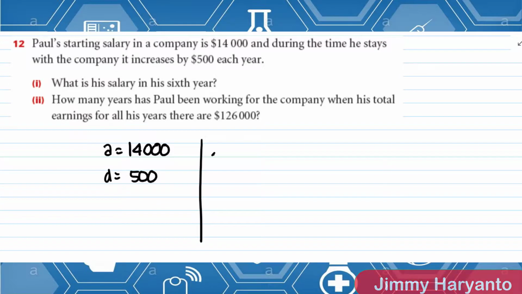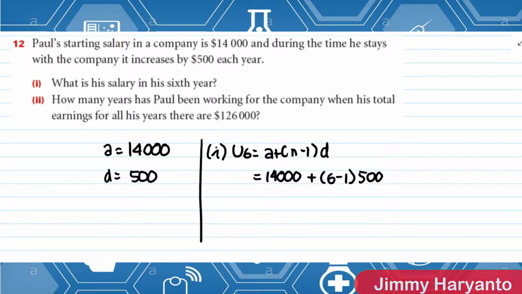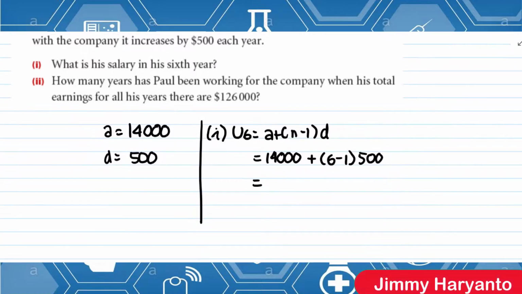So U6 equals a plus (n minus 1) times the difference. The a will be 14,000 plus (6 minus 1) times the difference, 500, equals 16,500. Sorry guys, 2,500 added, so 16,500. This is the U6.